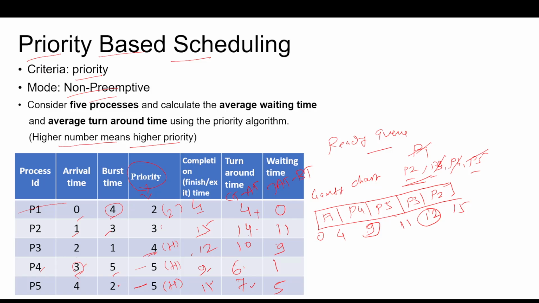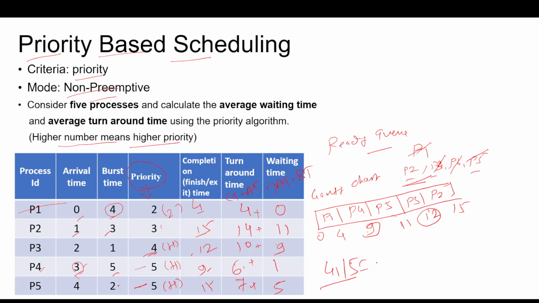For turnaround timing: 4 plus 14 is 18, plus 10 is 28, plus 6 is 34, plus 7 is 41. Then 41 divided by 5, because we have 5 processes.